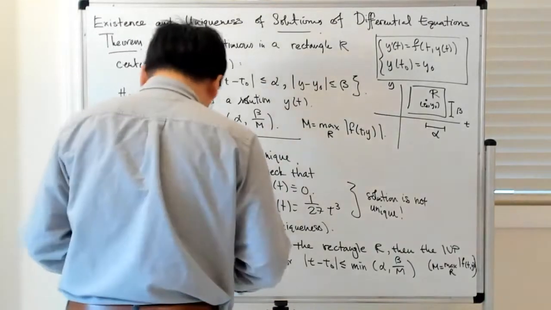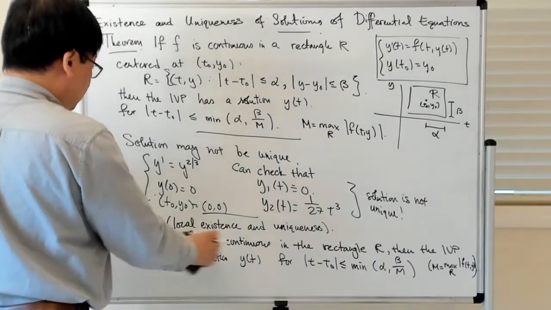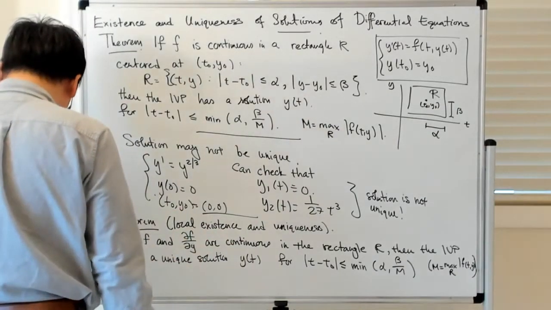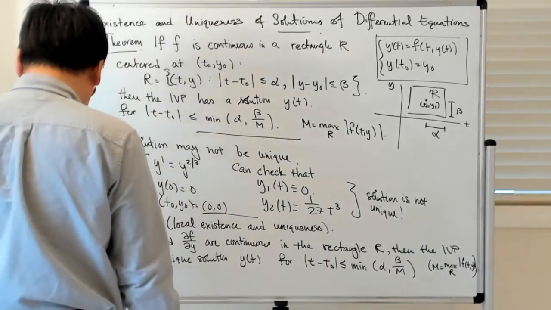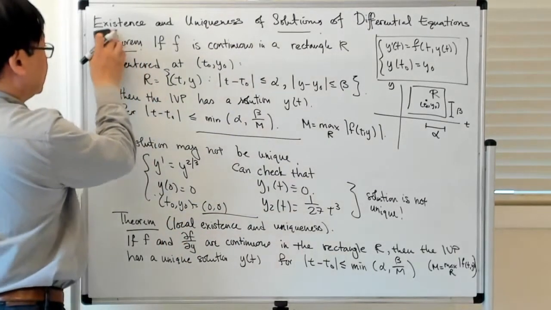All right, so finally, so far we've been talking about a local theorem. Let me say something about global existence and uniqueness, all right?